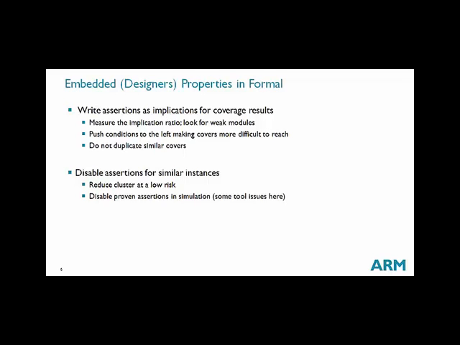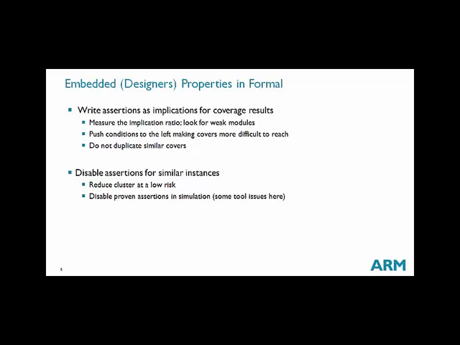And that is really an implication. A implies B. So we ask the people writing assertions to use implication as much as they can. The advantage is that it's more readable, it's simpler, but also it gives the first coverage information.